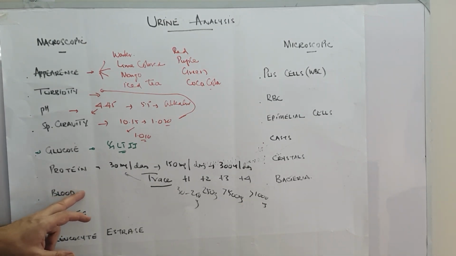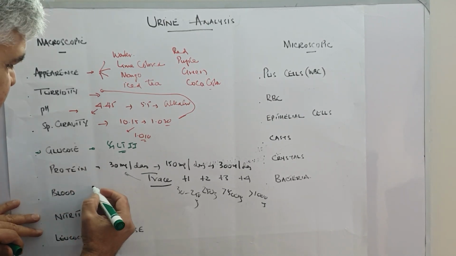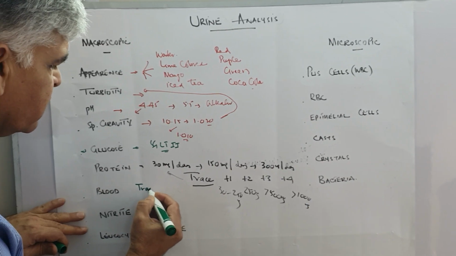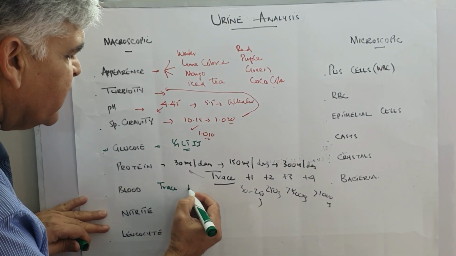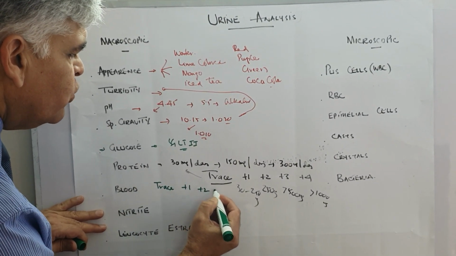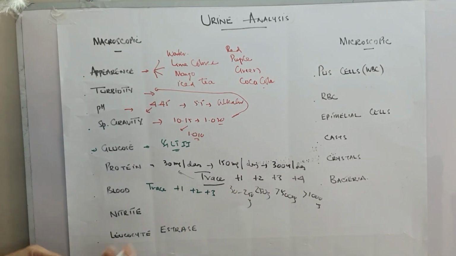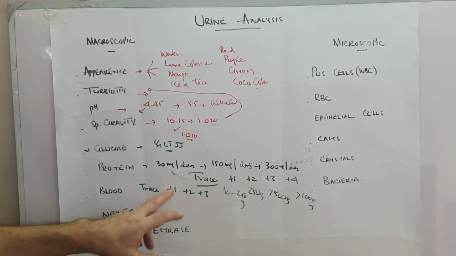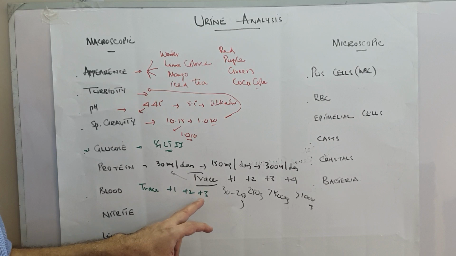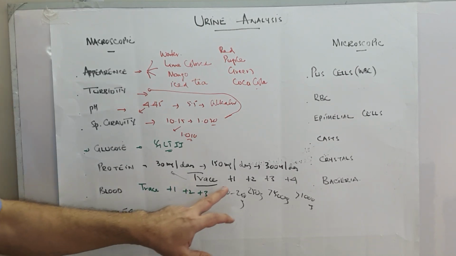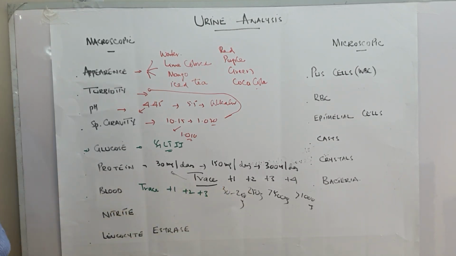And when you get the report, just like proteins, you'll get the report as trace, and then you'll get the report as +1, +2, +3, and sometimes you can get that as +4 as well. But these pluses 1, 2, and 3 are not as significant as the pluses of the protein side.